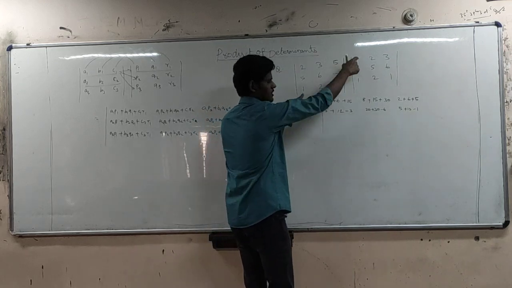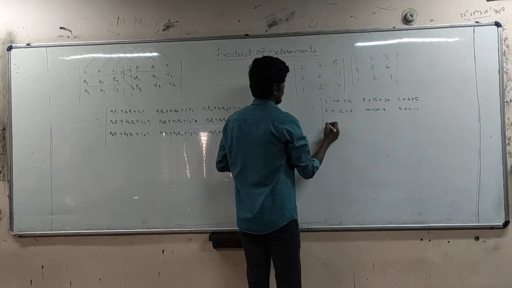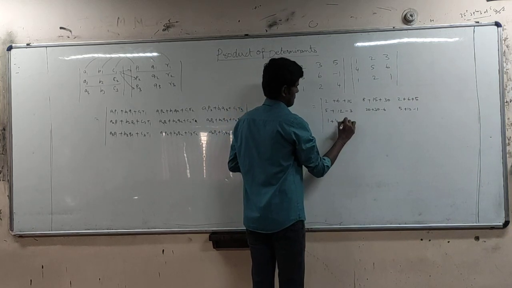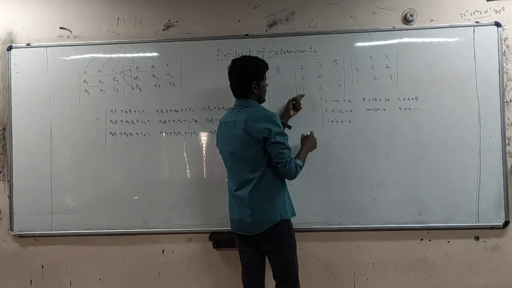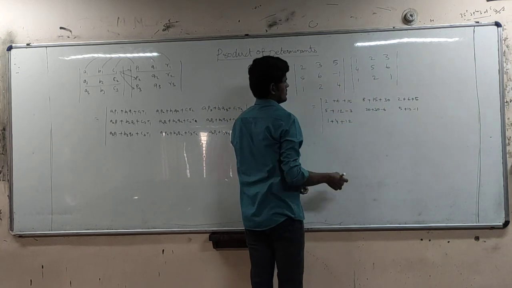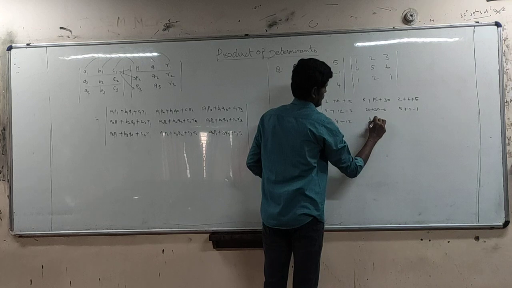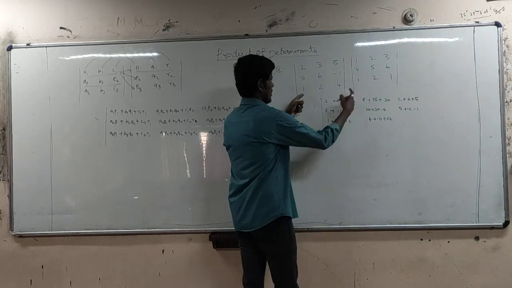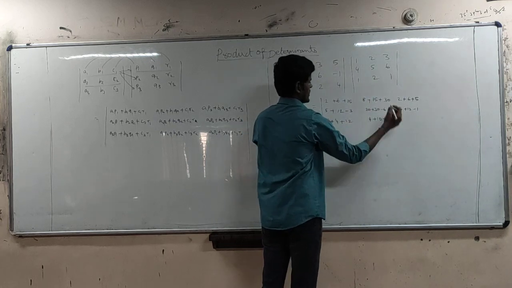And multiply the third row with the first row. 1 plus 4 plus 12. 4 plus 10 plus 24. 4 plus 10 plus 24. 1 plus 4 plus 4.